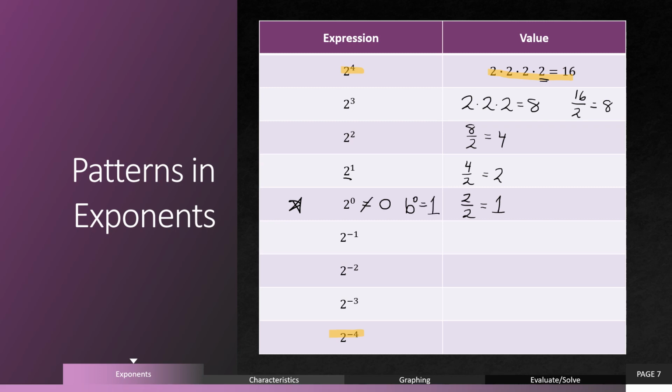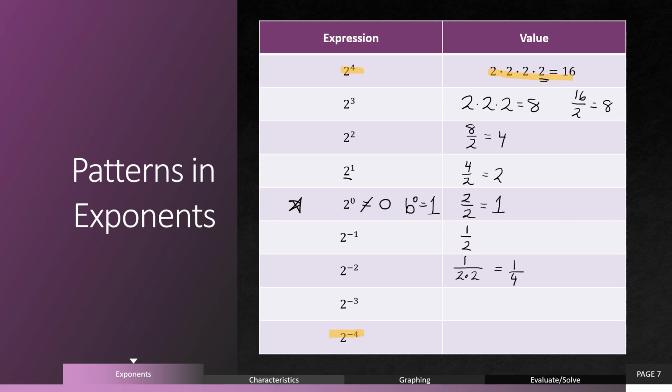Now we're going to continue with our pattern here. We have 1 divided by 2 equals 1/2. 1/2 divided by 2 is the same thing as multiplying it by 1/2, which would give me 1 times 1, so that's 1 over 4.